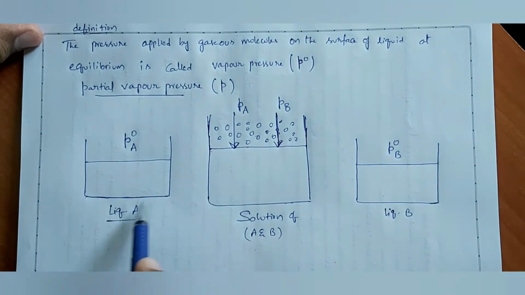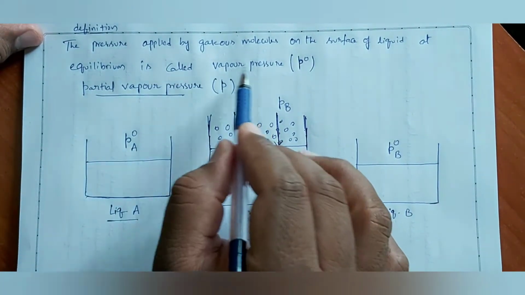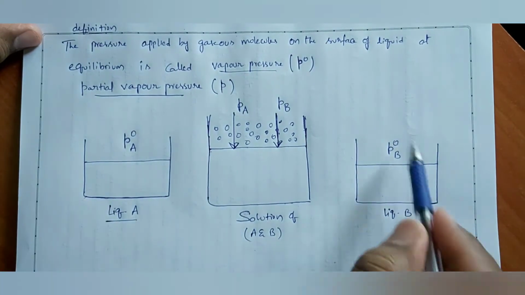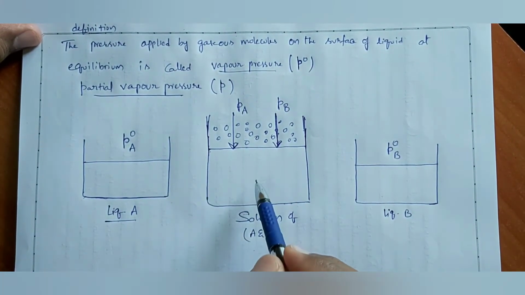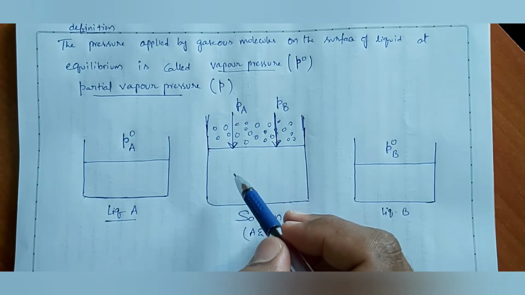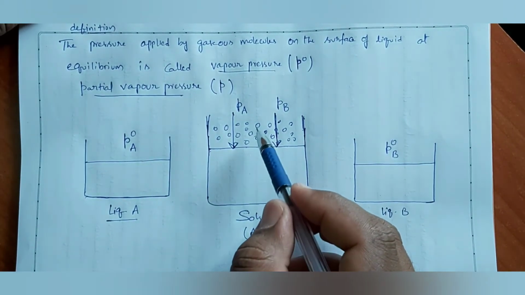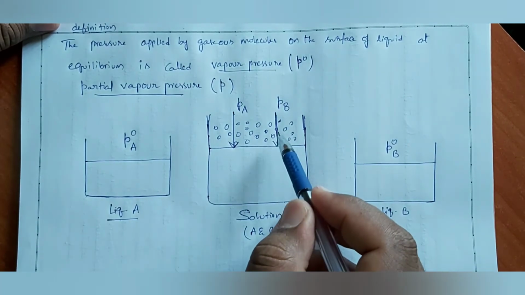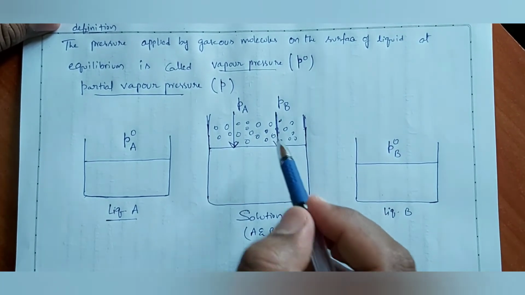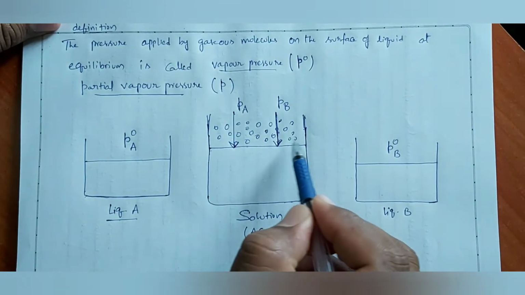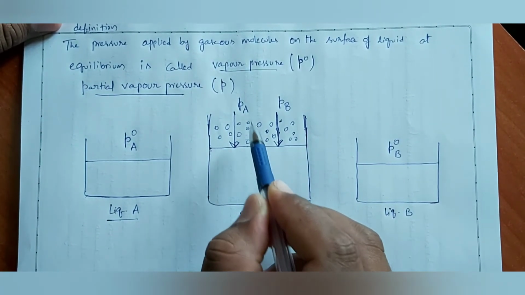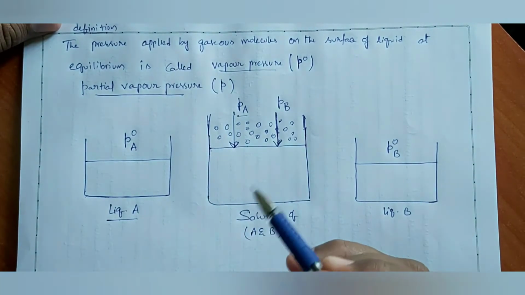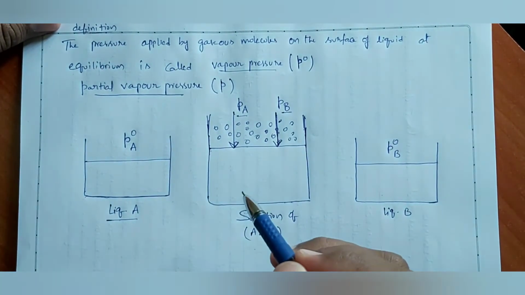If you take a pure component, that is called pure vapor pressure. If you prepare a solution, A components will be converted to the gas state, as well as B components. This total pressure is not because of only A molecules or only B molecules.